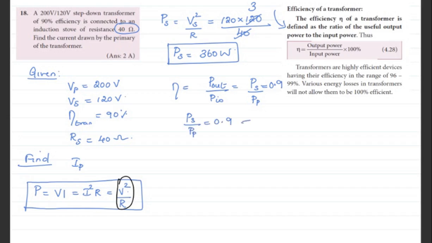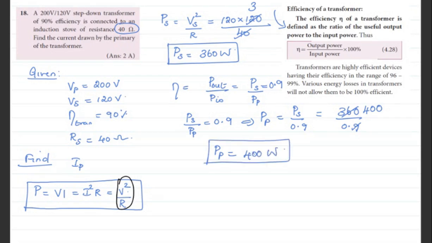Then P primary is equal to P secondary by 0.9. What is P secondary? 360 by 0.9. How many times? 400. So P primary is equal to 400 watts.